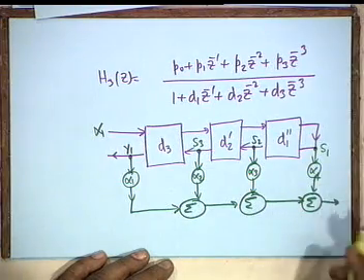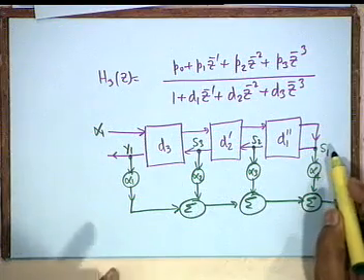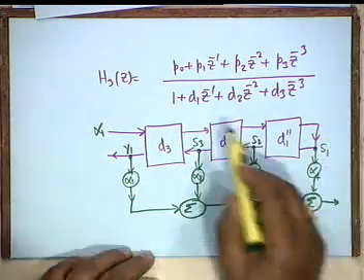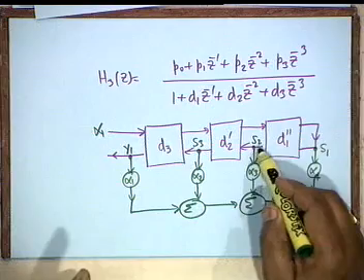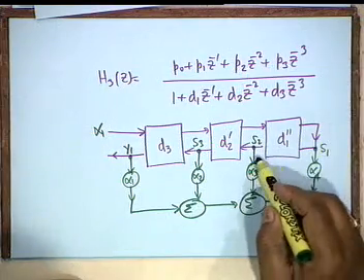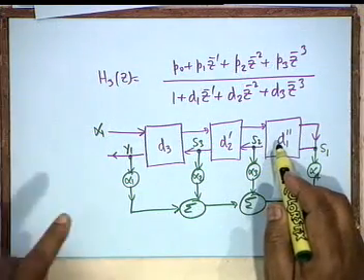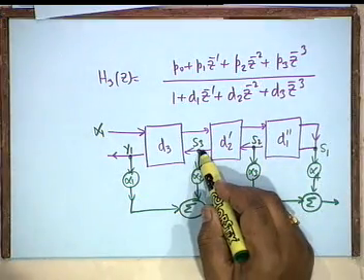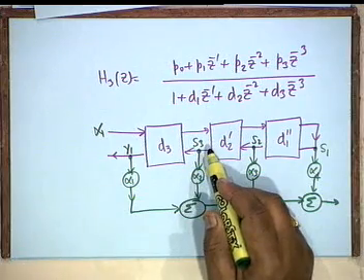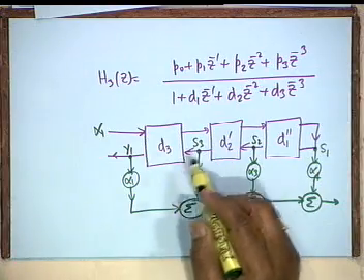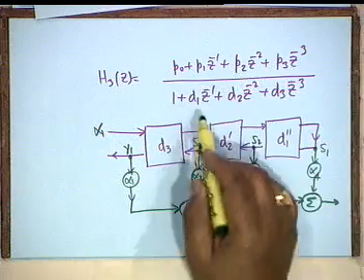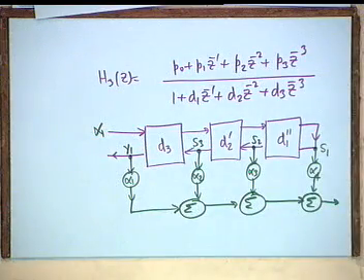The numerator of S1 shall be 1, denominator is the same. Numerator of S2 would be first order, that is D1 double prime plus Z inverse, and for this it would be second order, D2 prime plus D1 prime Z inverse plus Z to the minus 2, and Y1 of course is the total thing, D3 plus D2 Z inverse plus D1 Z to the minus 2.